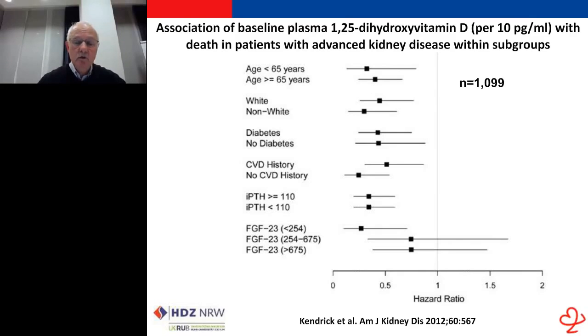And this is also independent of age, ethnicity, diabetes, cardiovascular disease history, and PTH levels. The only factor which attenuated this association between 1,25-dihydroxyvitamin D levels and poor clinical outcome was FGF23. And this is understandable because this is a very important hormone which regulates the circulating level of 1,25-dihydroxyvitamin D.